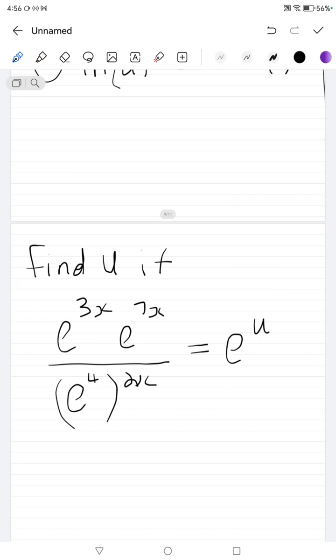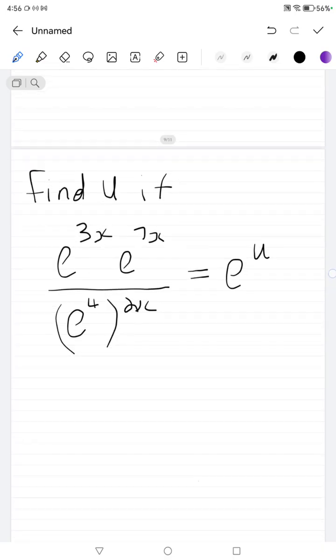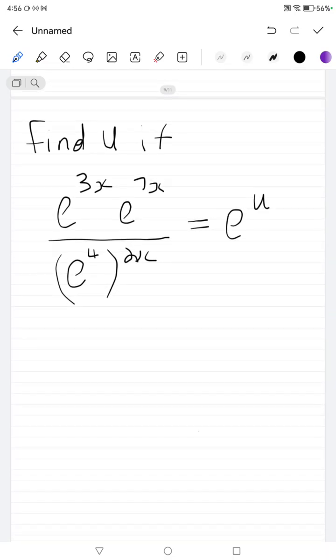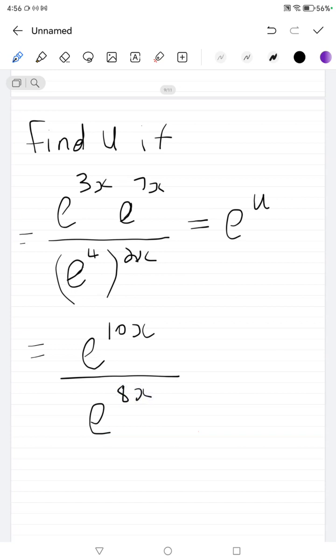You try and use the rules that you learned. The ones at the top, you can add them together, so you're going to have e to the exponent 10x. Same thing with the ones at the bottom, you have to multiply, then you're going to have e to the exponent 8x.